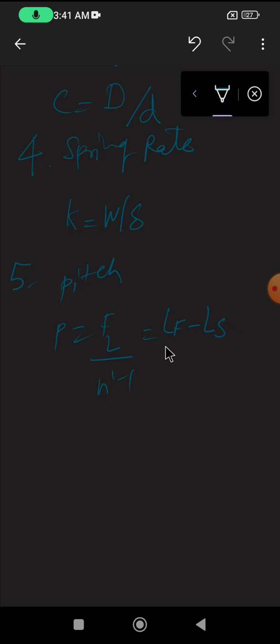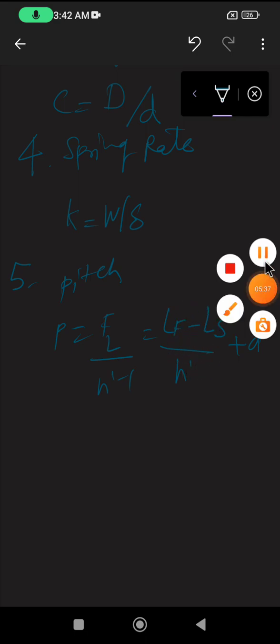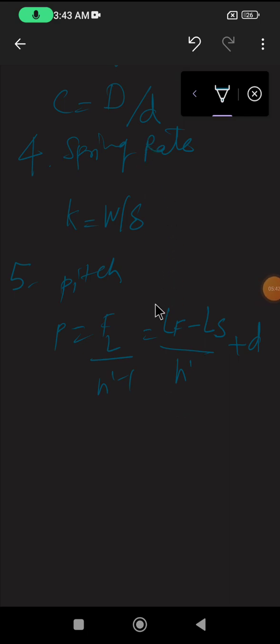The pitch of the coil can also be obtained from this relation, that is LF minus LS upon N dash, plus D. LF is free length of the spring, LS is solid length of the spring, N dash is total number of coils, and D is the diameter of the wire. So this formula also we can use. So these are the various nomenclature of the spring.